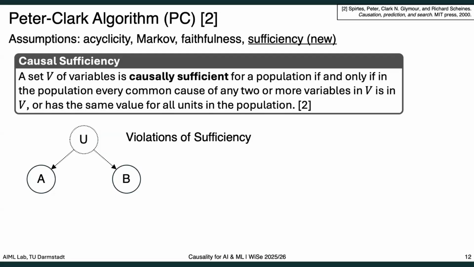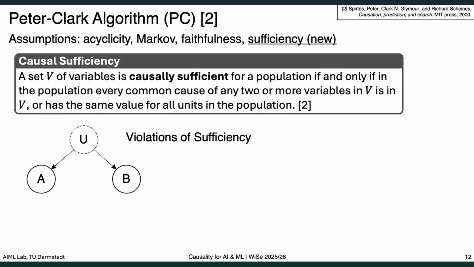Any idea? Yeah, dependent because of the confounder. Exactly. We have this common parent structure, the fork structure, that induces dependency. A and B are not d-separated; they're clearly dependent.